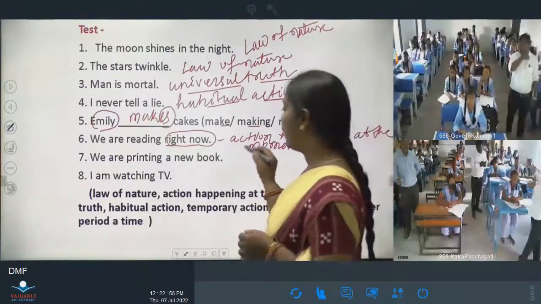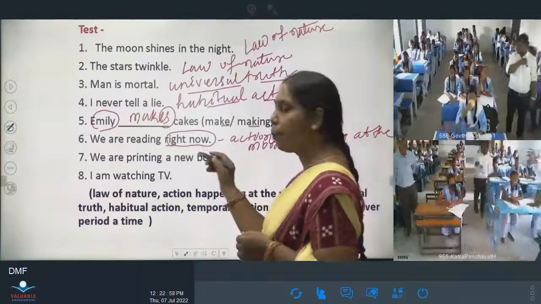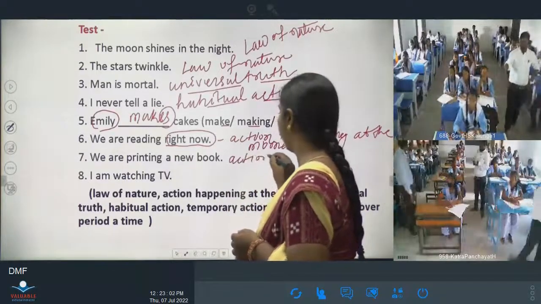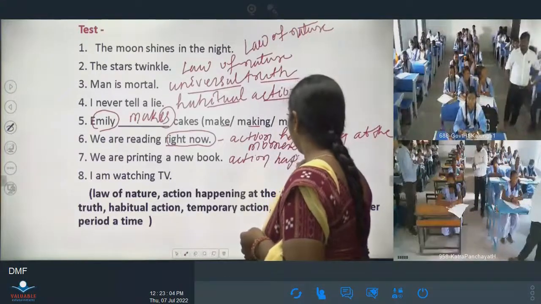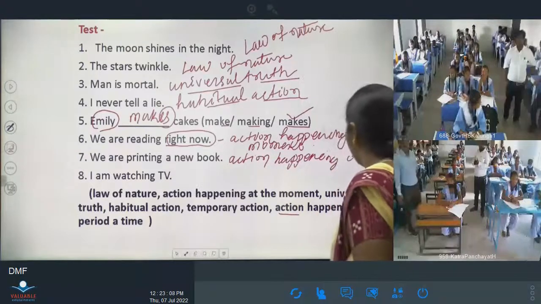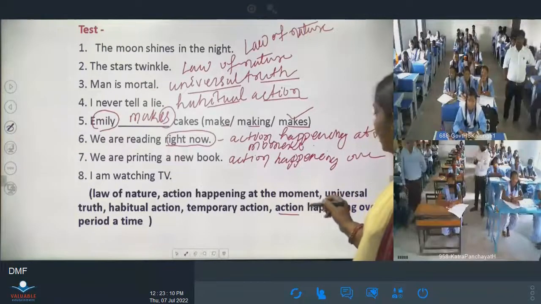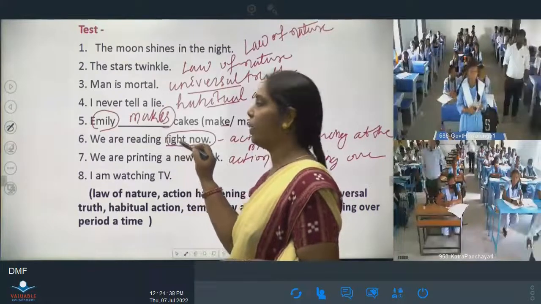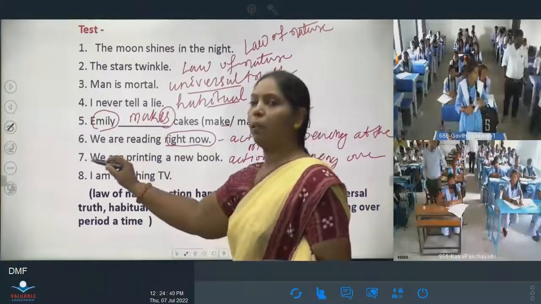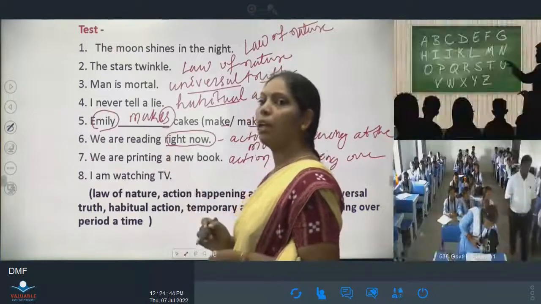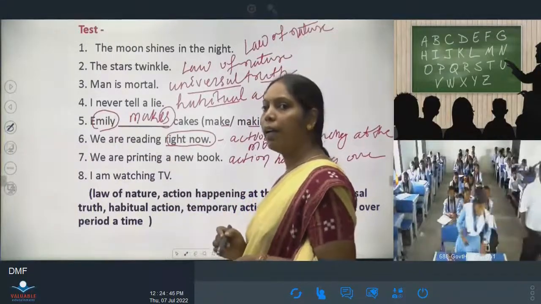So it is an example of action happening over a period of time. The 6th one is action happening at the moment, and the 7th question's answer is action happening over a period of time.